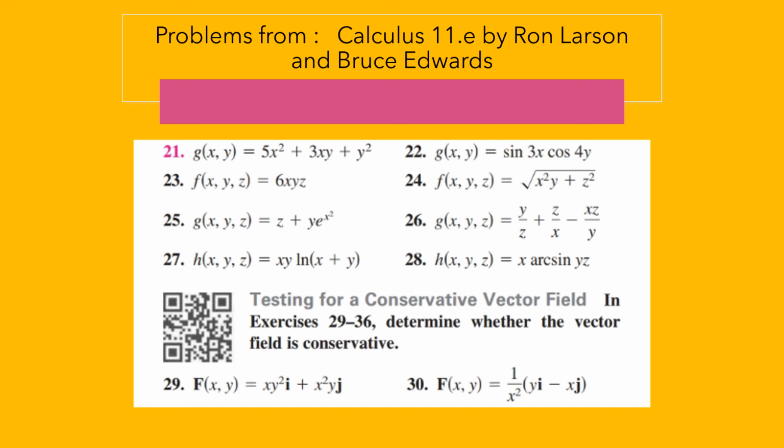And also you can check whether capital F is conservative or not. So for the first set of problems, you use the definition, use method 1. For this, you use method 2.